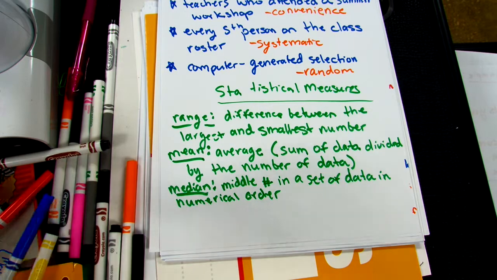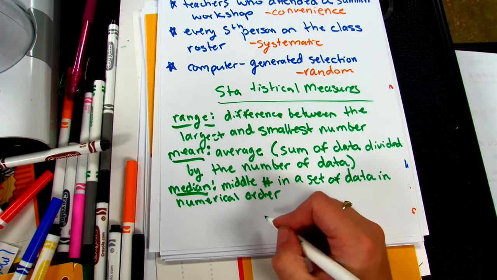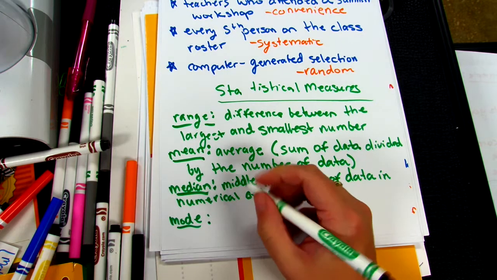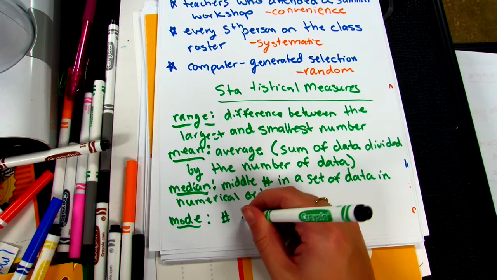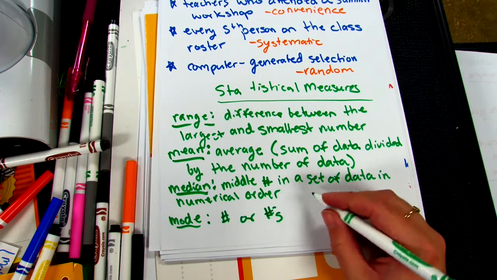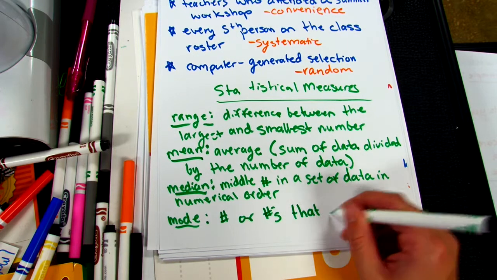And the last statistical measure is going to be mode. The mode is the number or numbers, so you can have more than one mode, that occur most frequently.